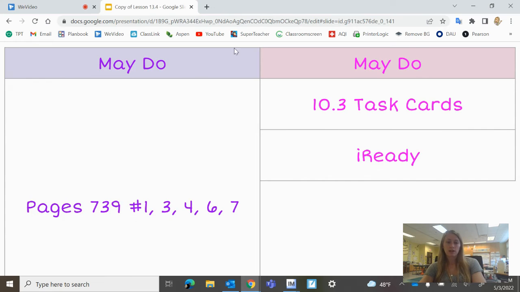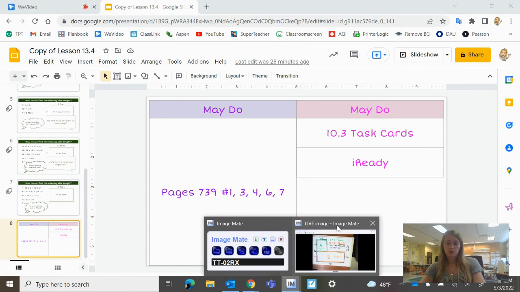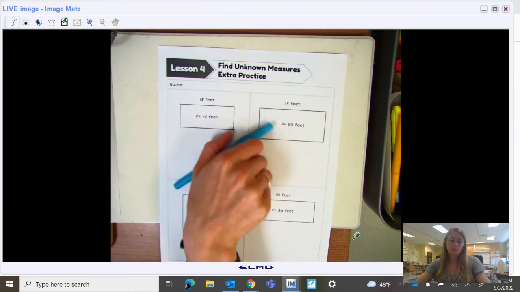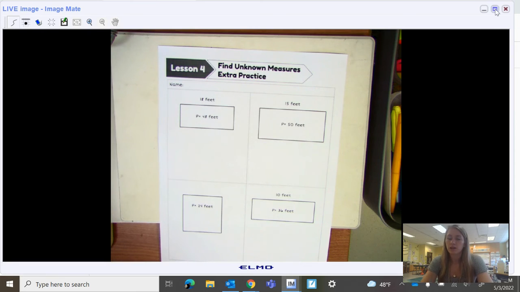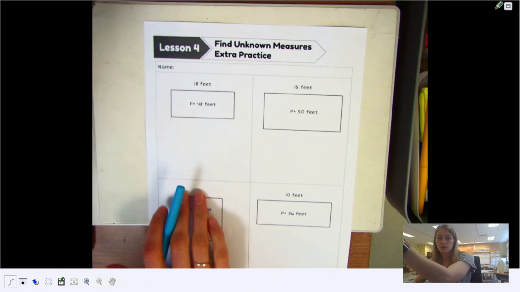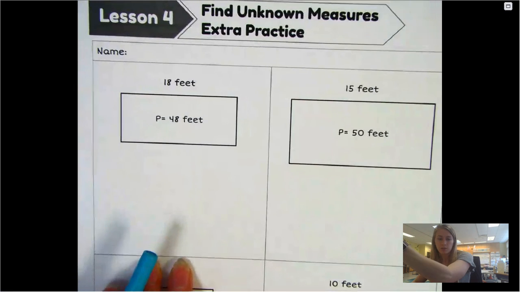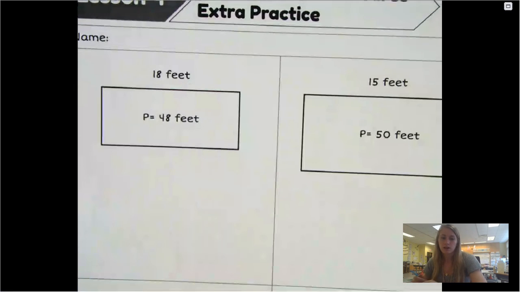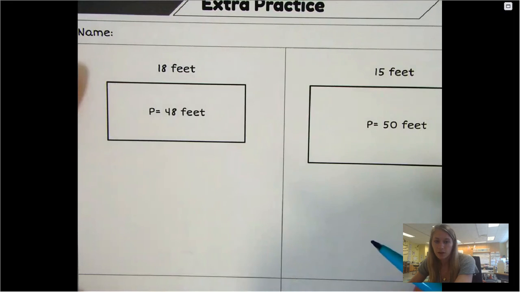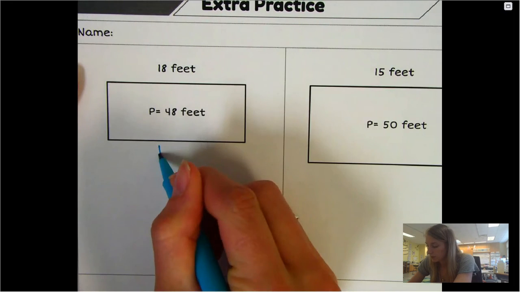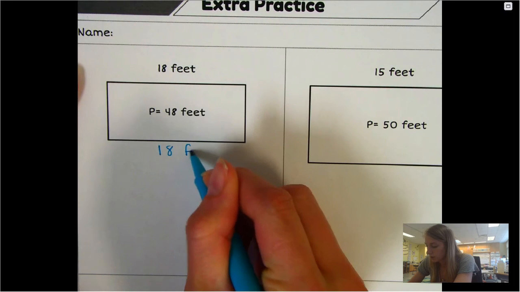All right, I'm going to show you an example on my board here. See if we can discover this a little bit more. So I want you to think of this problem right here. Again, they tell us that it's perimeter, which is 48 feet. Now what helps me is labeling every side that I do know.